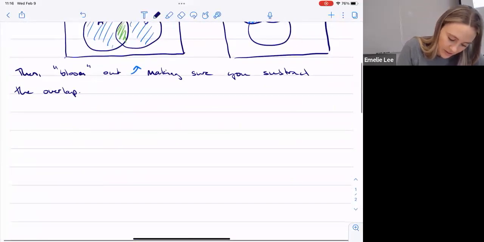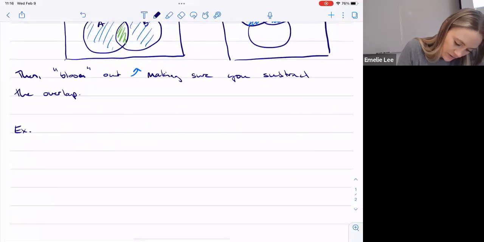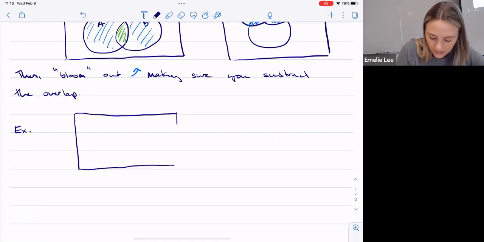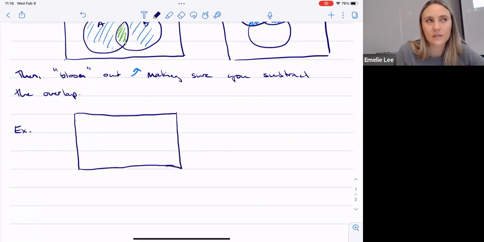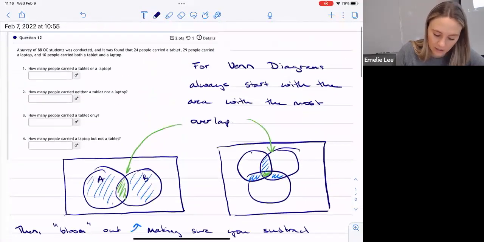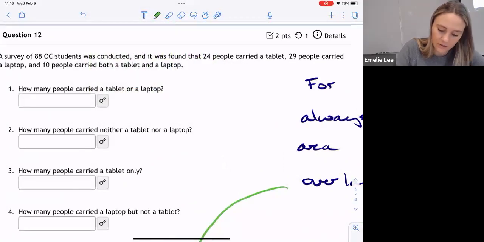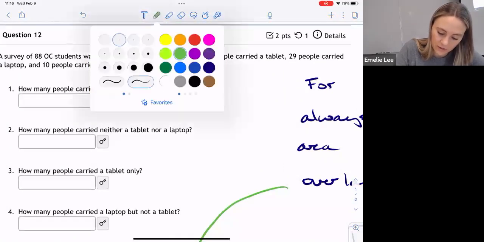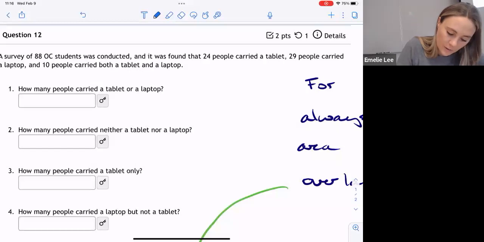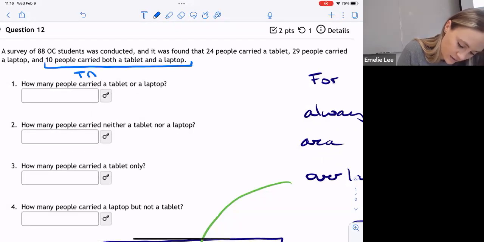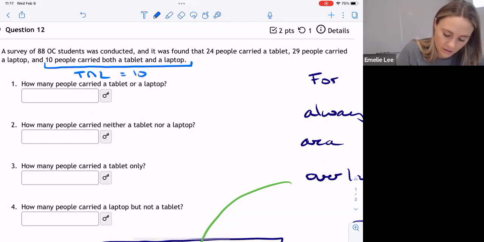Okay, so for this example, we're going to start by drawing our Venn diagram. You don't have to draw the Venn diagram, but it makes it easier, I think. This says that tablet and laptop has a count of 10.